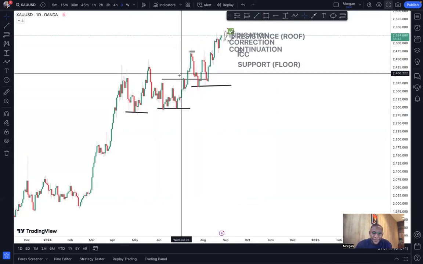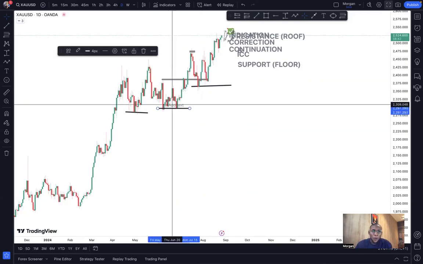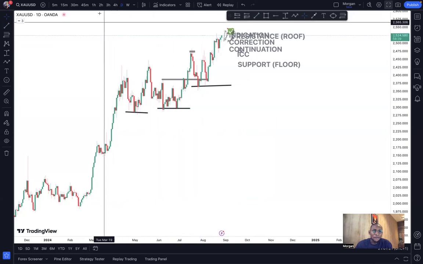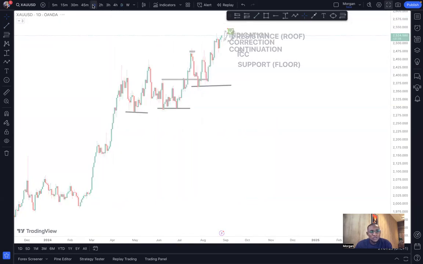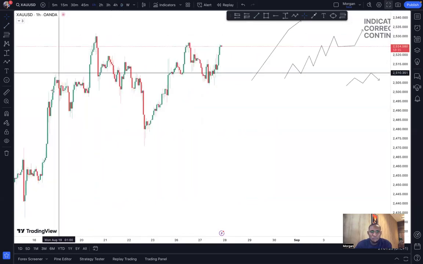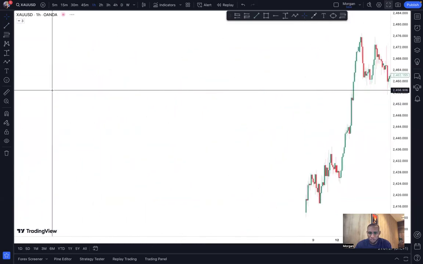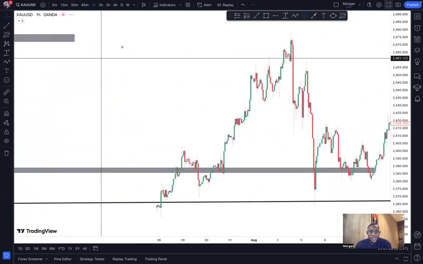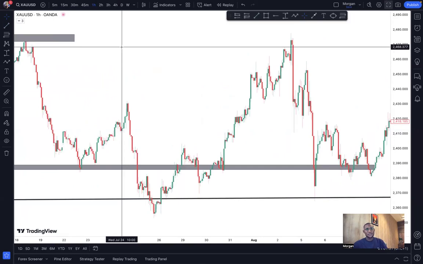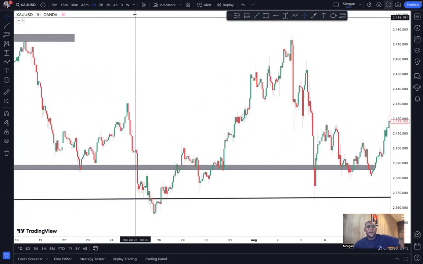In the 1 day time frame, it is making these things. But when you go to the smaller time frame, the 1 hour, it looks rubbish. It looks like a lot is going on there. It looks like the information going on there is too much. That's why I say when you want to analyze, you need to take a step back, zoom out, and see what is going on overall.